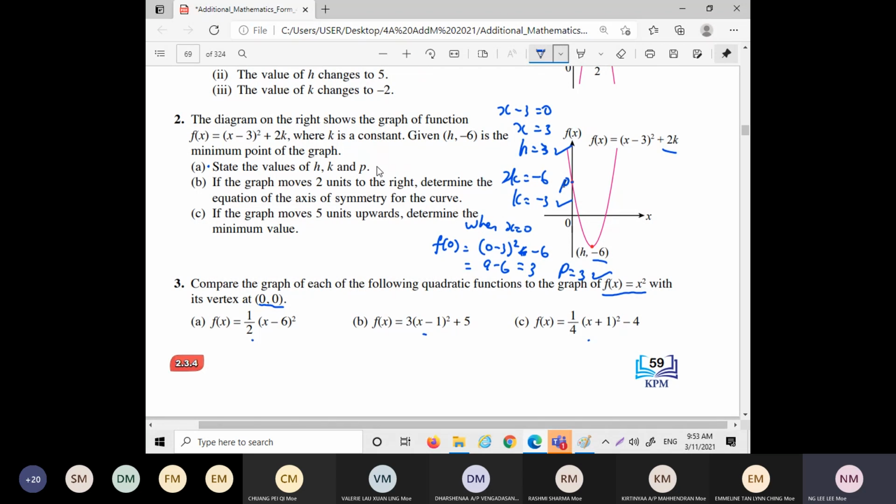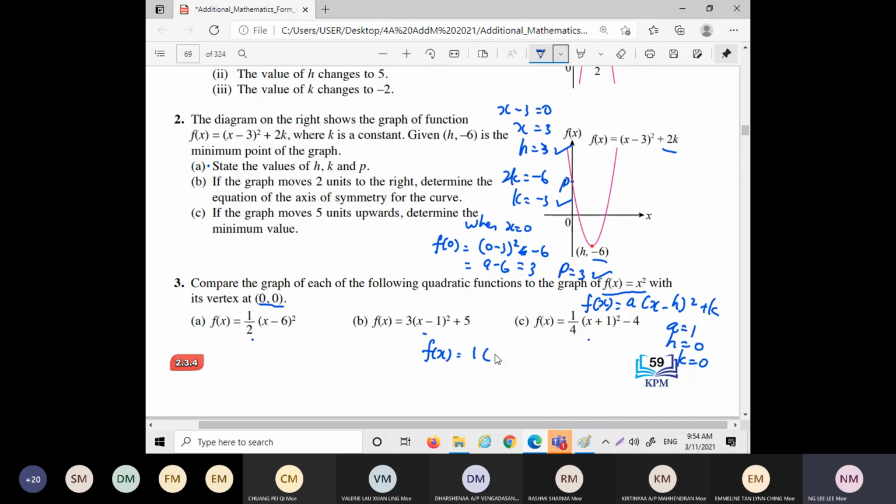We compare with the vertex form. Vertex form is this way. So in this case, the A will be 1, and then the H is 0, and K is also 0. Let me try and see.